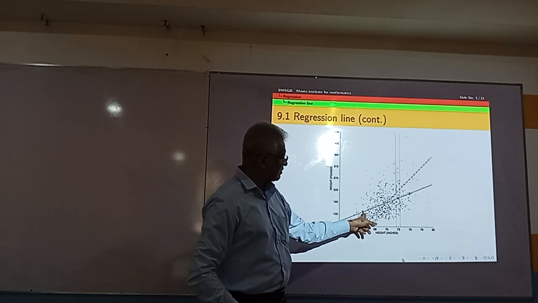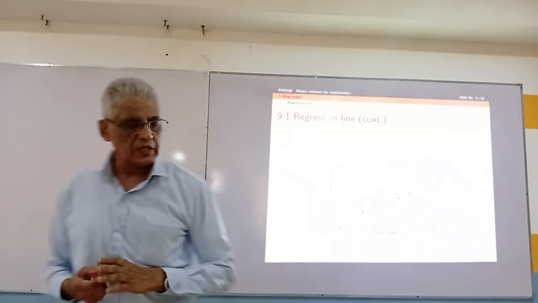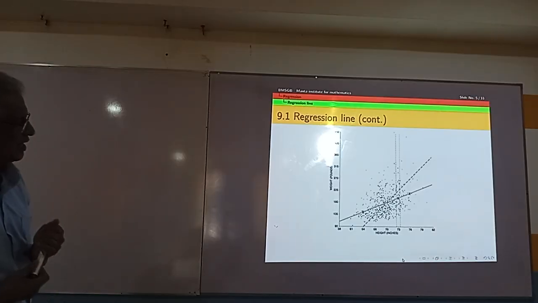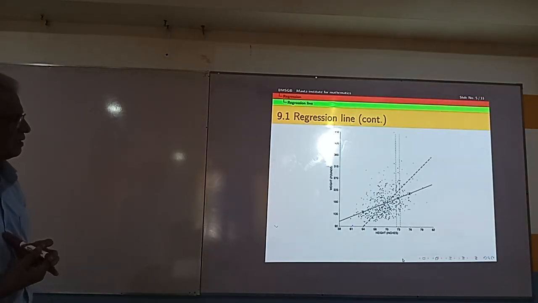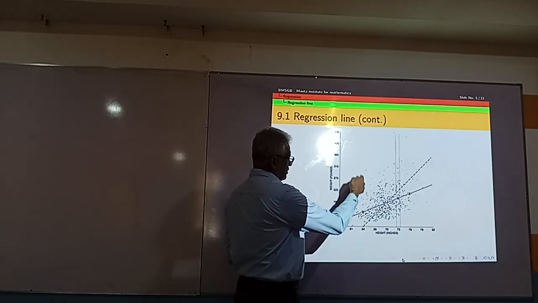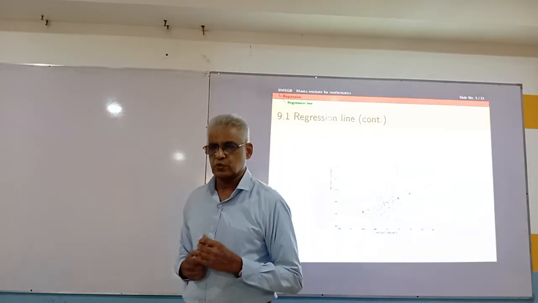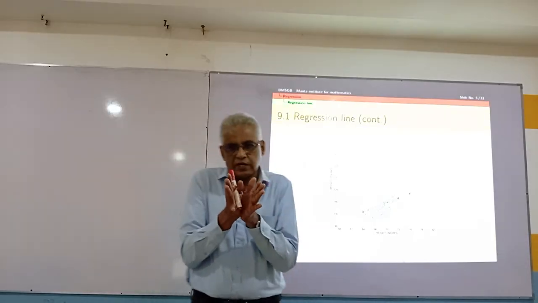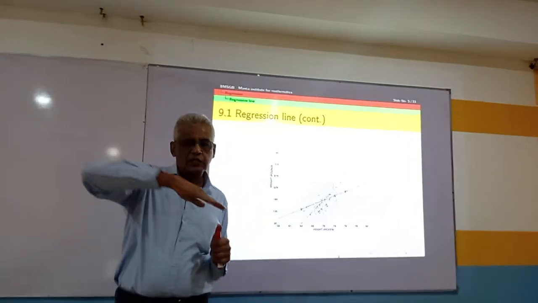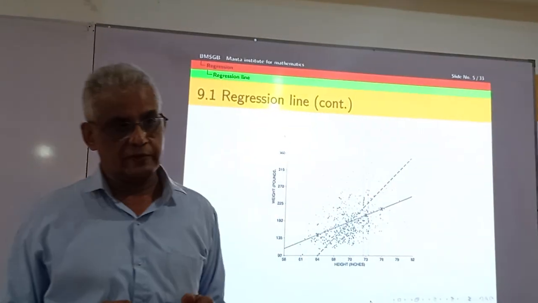Their weight average will be somewhere here, and similarly if you consider another stripe. Right. So actually what they have done here is exaggerated a little bit. If you really calculate these averages, they are not going to be exactly on a line. Usually they will be close to a line. So if you can draw a line through those averages, that is what we call the regression line.